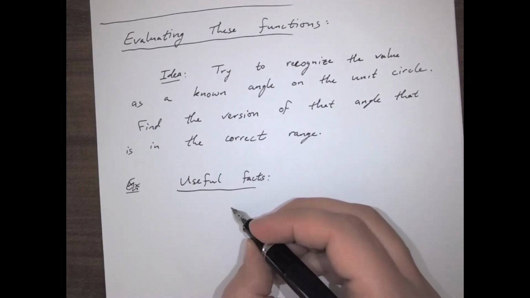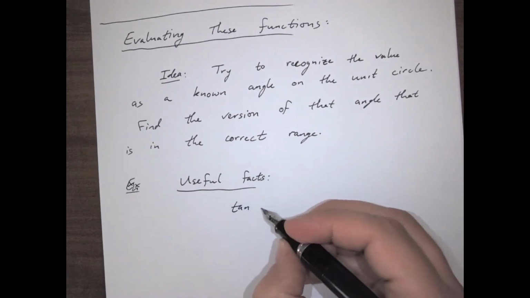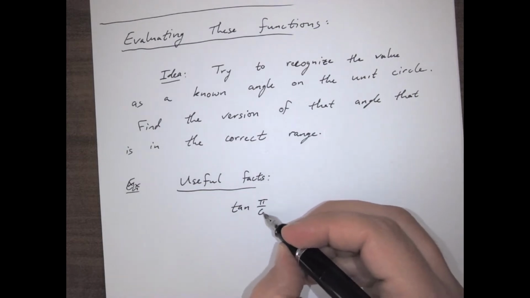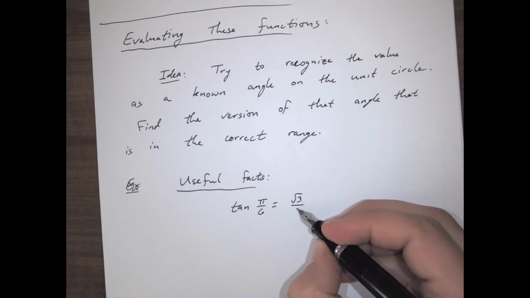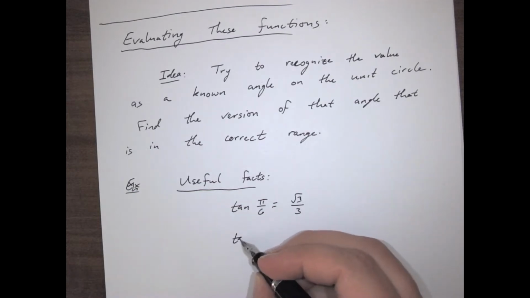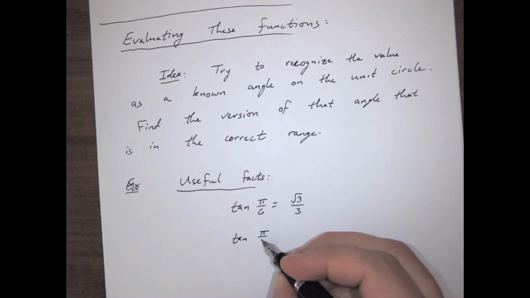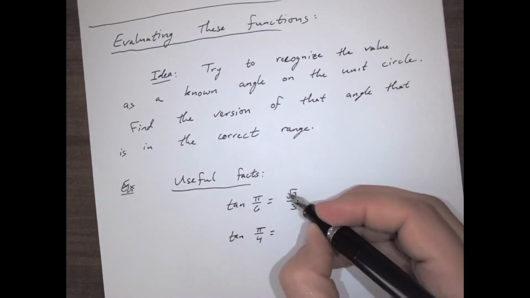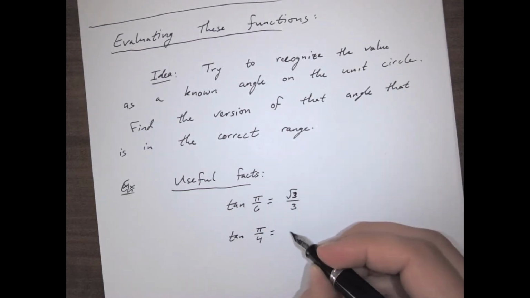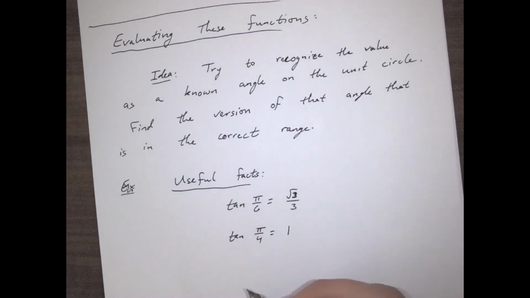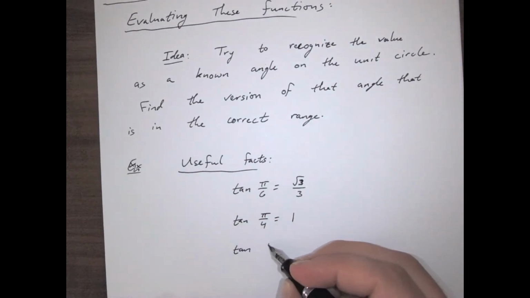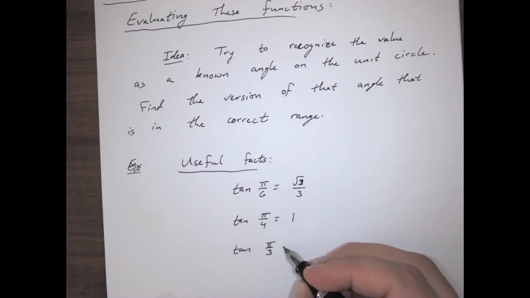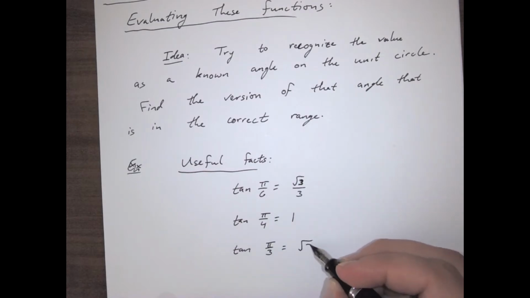So first off, the tangent of pi over 6, that's equal to root 3 over 3. The tangent of pi over 4, that's equal to just 1. Because remember, that's a 45-degree angle, and that's where the slope is 1. And the tangent of pi over 3 is equal to just root 3.